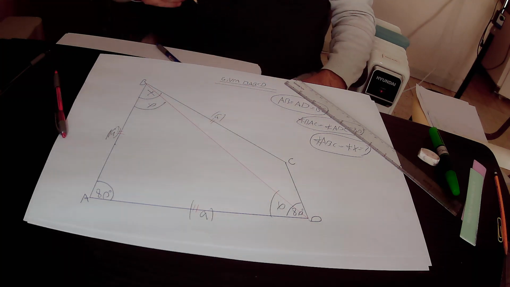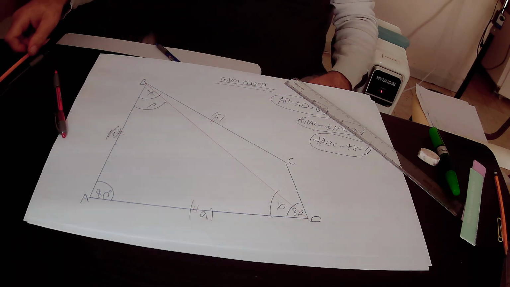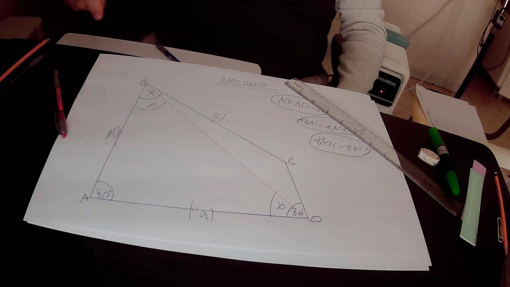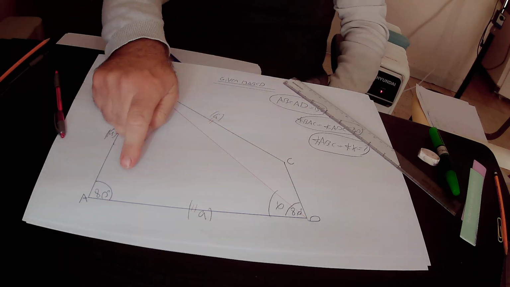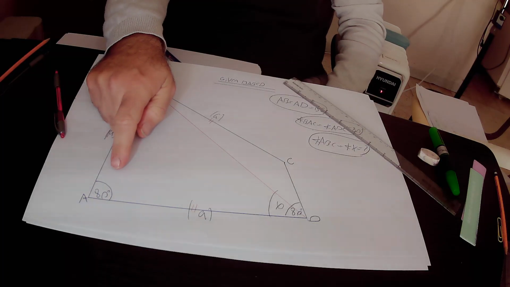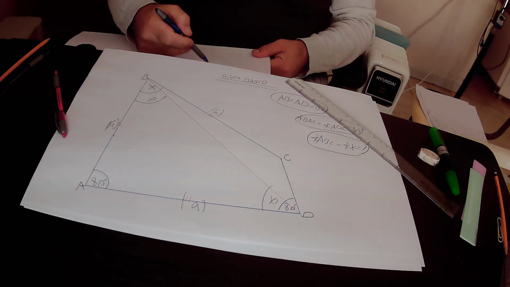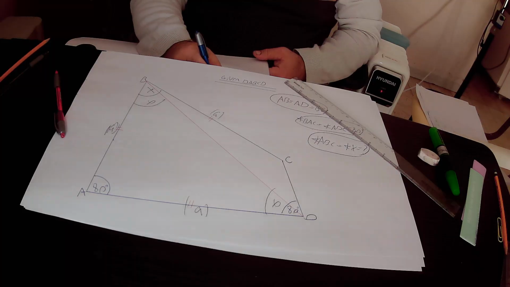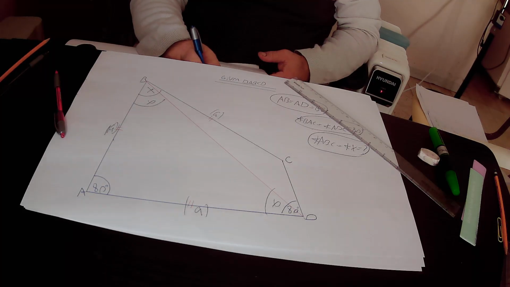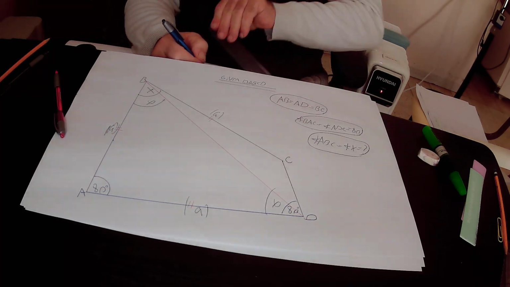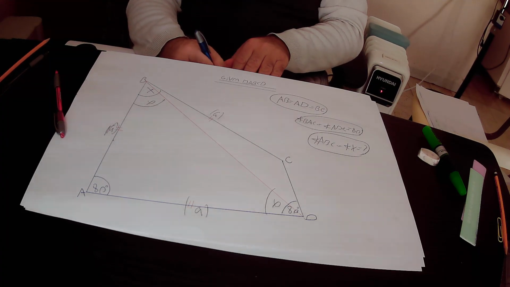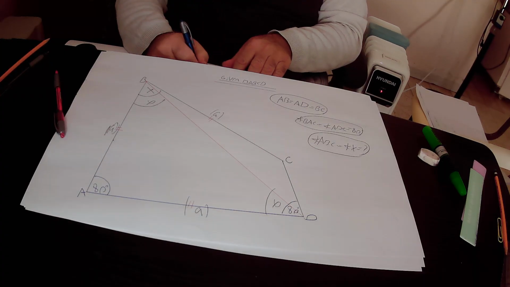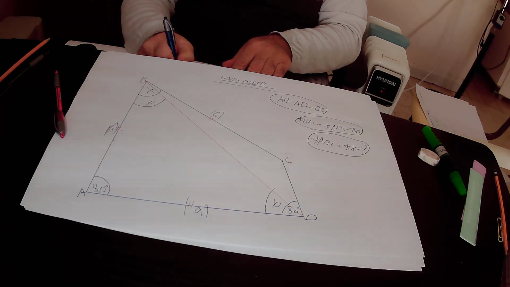We also know that the sum of the angles in any triangle is equal to 180 degrees. So in triangle BAD, alpha plus alpha is 2 alpha, plus 80 degrees, in total must be equal to 180 degrees.